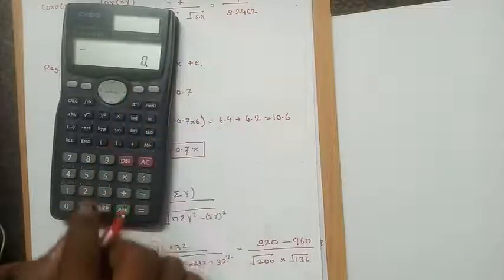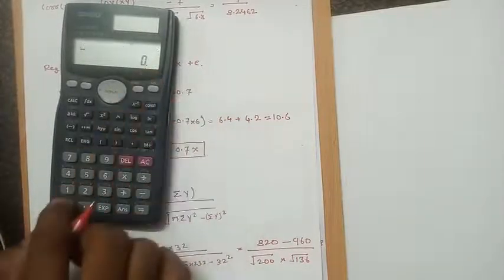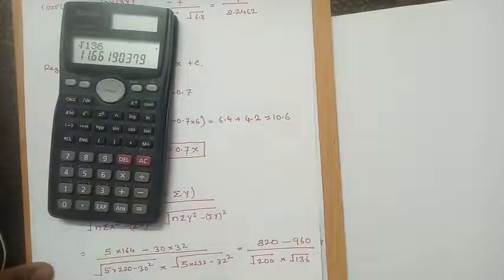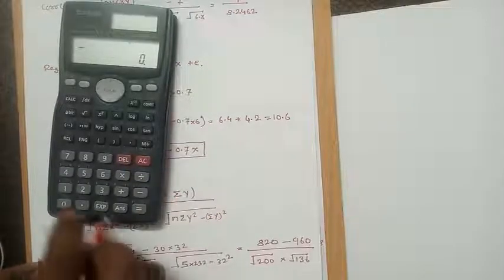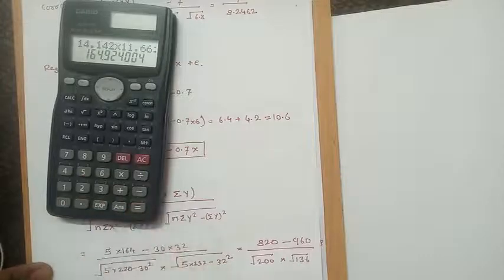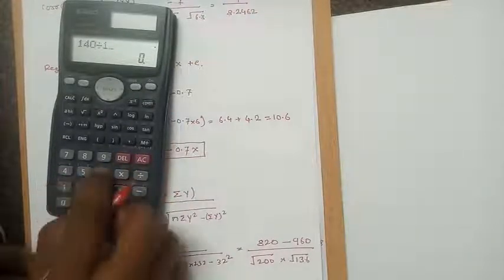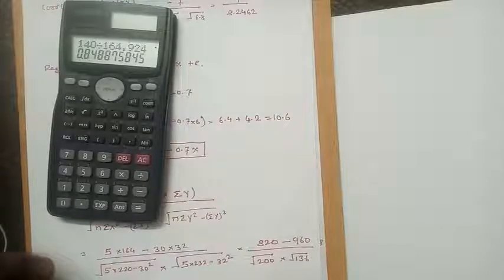So we have 820 minus 960, which is minus 140, divided by square root of 200 is 14.142, into square root of 136, 11.662, which is equal to, I will write 140 as it is now, 14.142 into 11.662, 164.924. 140 divided by 164.924, which is equal to, you can see, minus 0.8488.